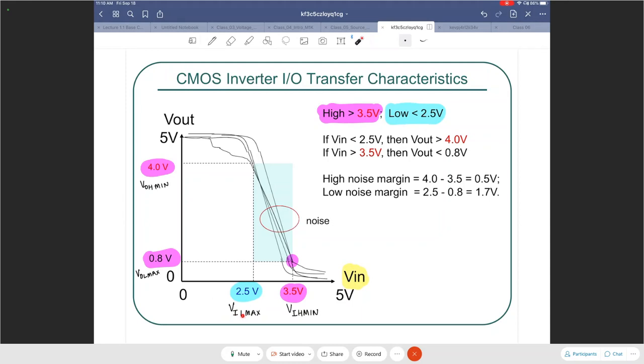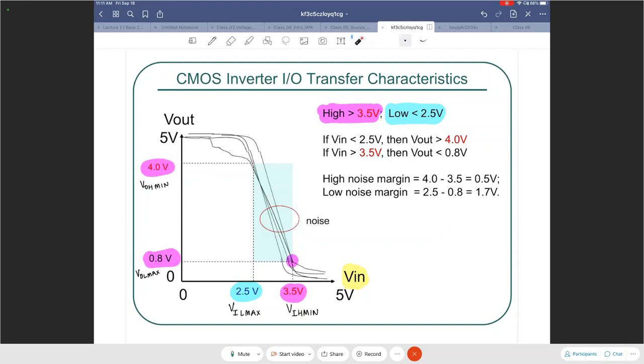Input low maximum minus output low maximum. And if I calculate that, I find out the noise margin for the high level and the low level. So it turns out that my low level noise margin is much higher than the high noise margin. So my tolerance to noise is much better at the low levels, in this case, right? That's it. That's how you calculate.